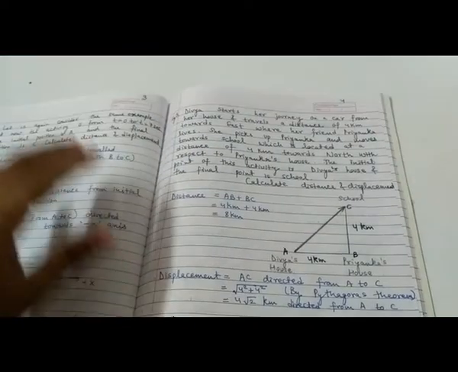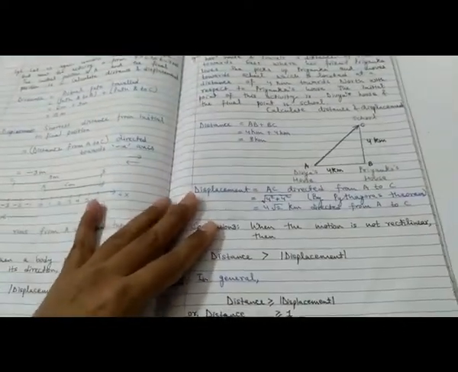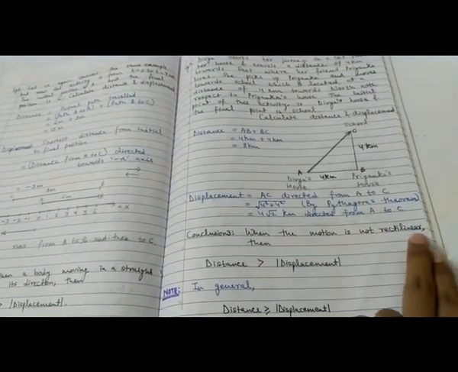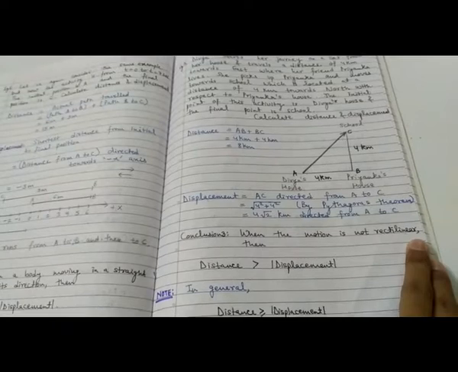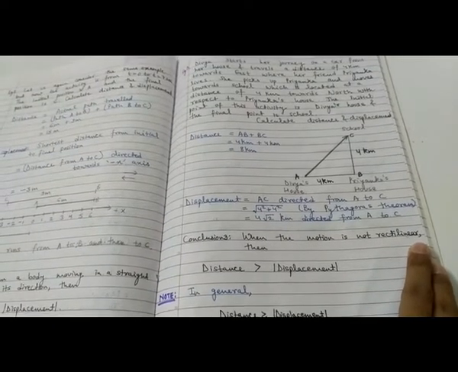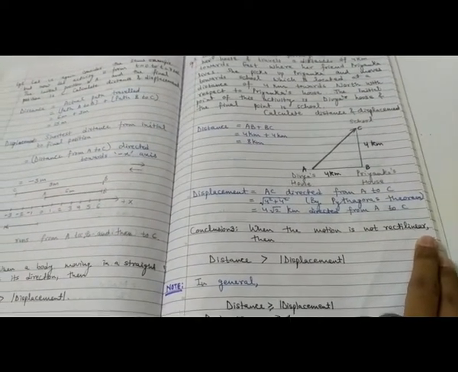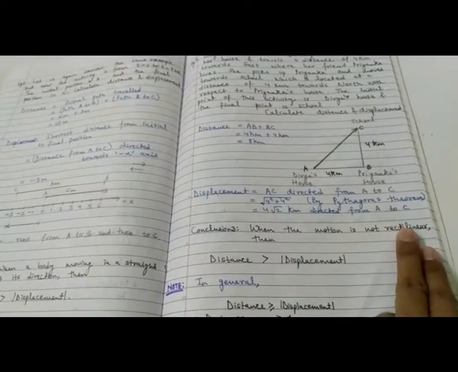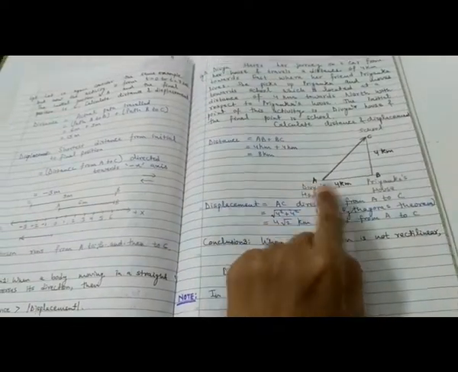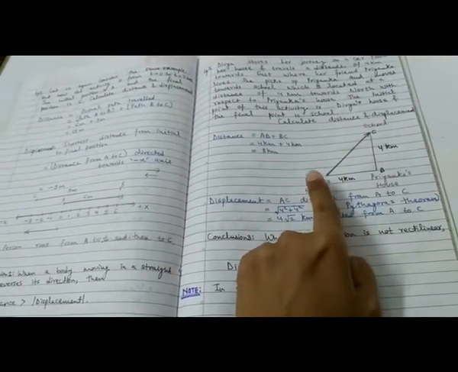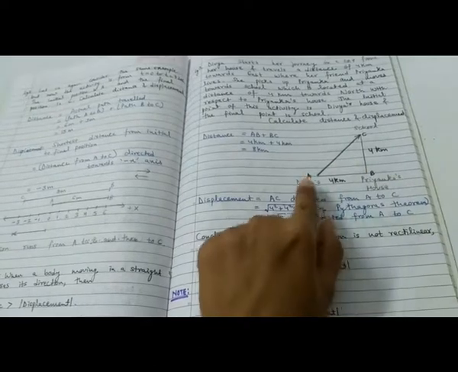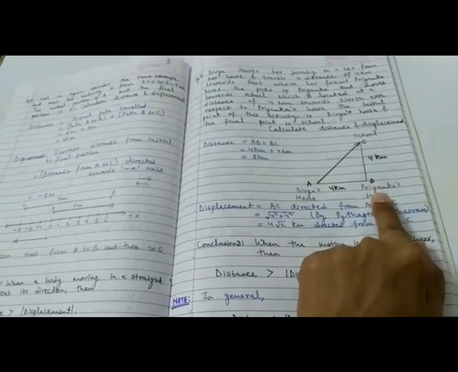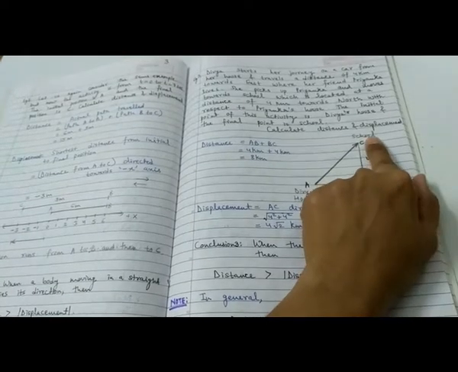Now let's move to our third conclusion. It said that when the motion is not rectilinear, what is rectilinear motion? Motion in a straight line is known as rectilinear motion. Here, first Divya was going from A to B, from her house to Priyanka's house. Then she moved to the school.